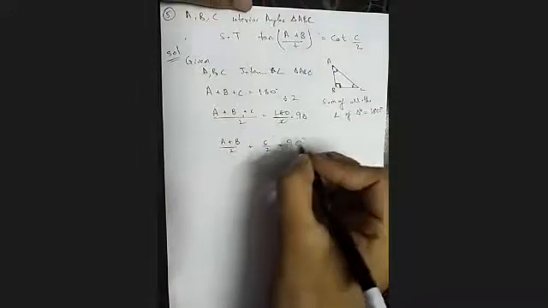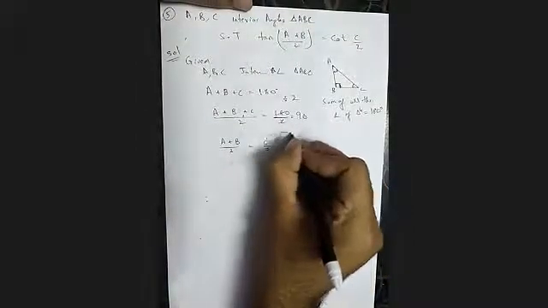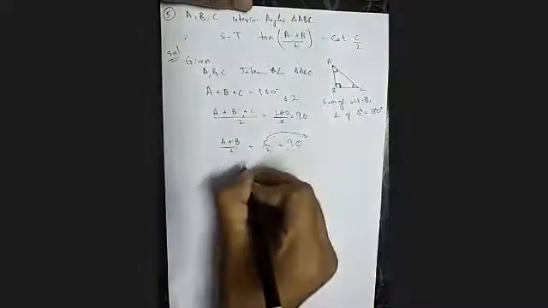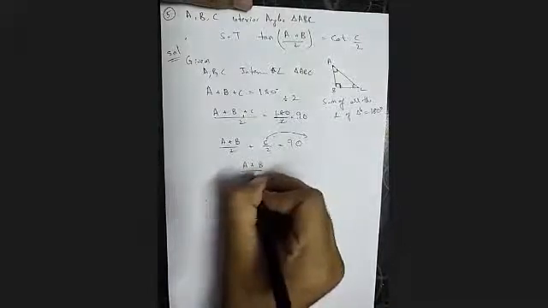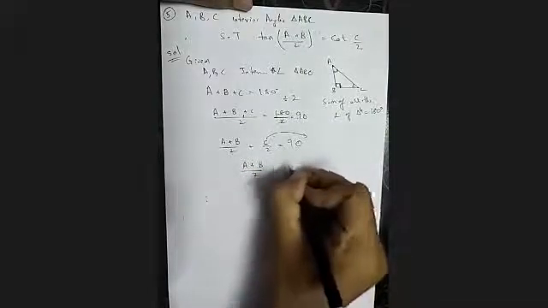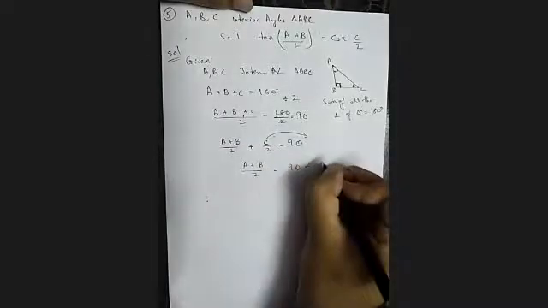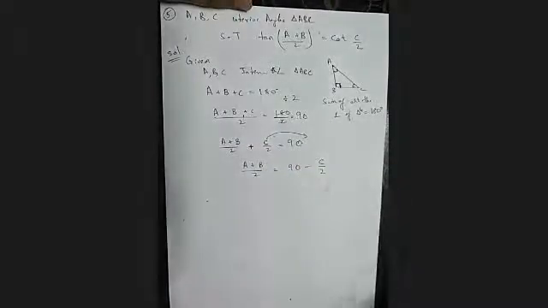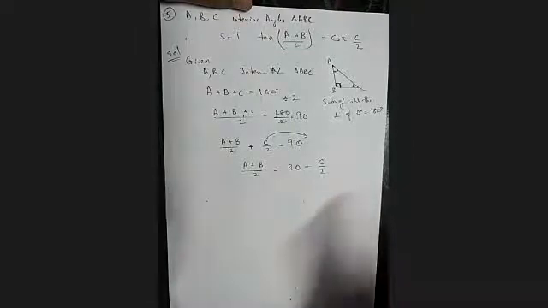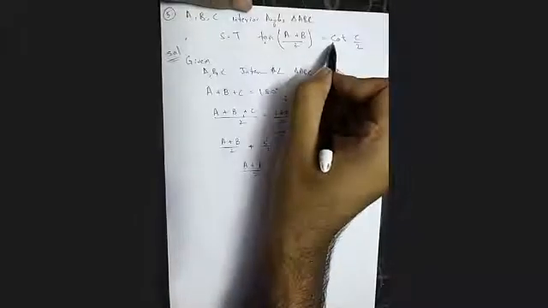Now, I will send this C by 2 to that side. So A plus B by 2 is equal to 90. This is plus. If it goes to that side, it will become minus C by 2. Now I am going to apply tan. Tan is here, cot is here.